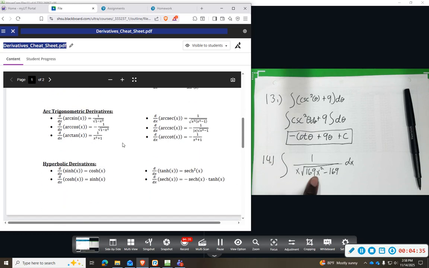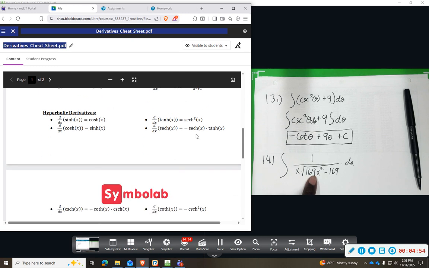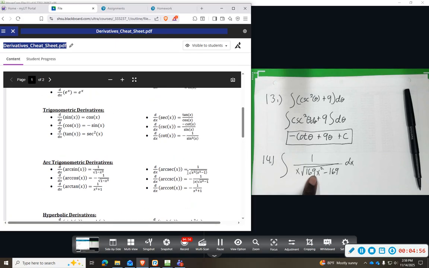So the derivative looks close to this, with the minus 1. It is looking really close to this. They just factored out an x.